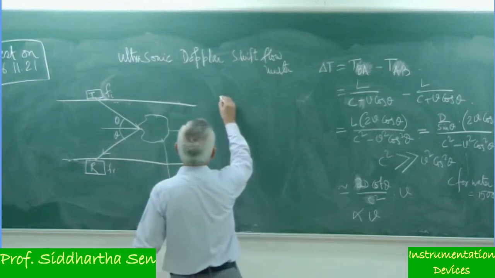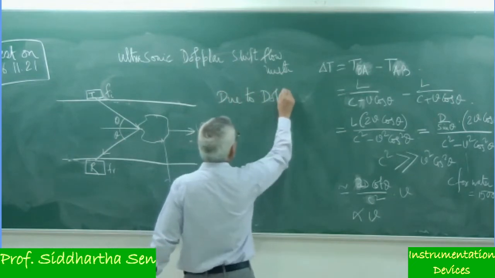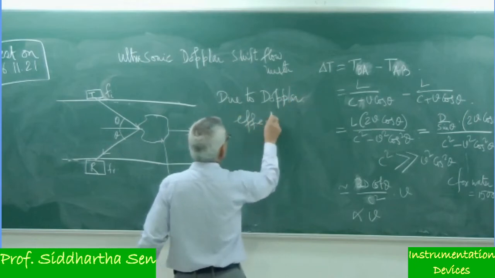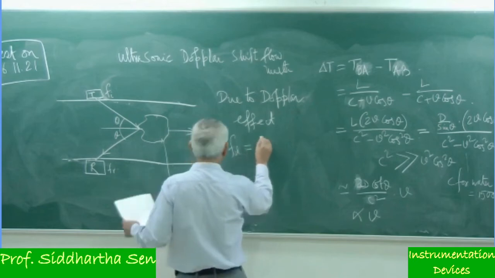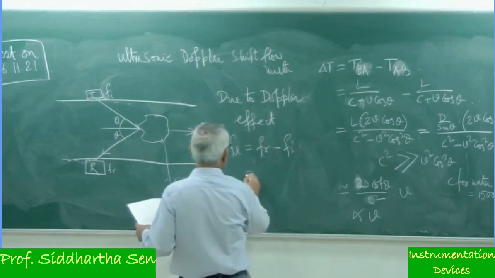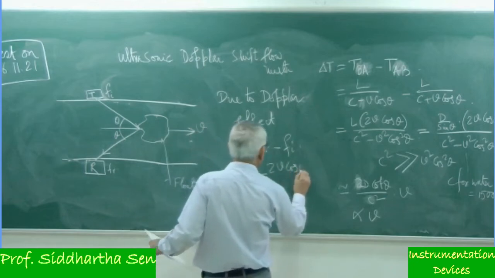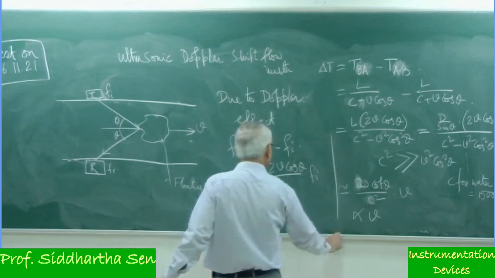So due to the Doppler effect, the difference Fd equals Fr minus Fi, which is equal to minus 2v cosine theta divided by c, into Fi.